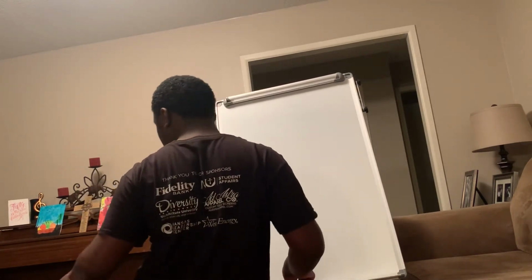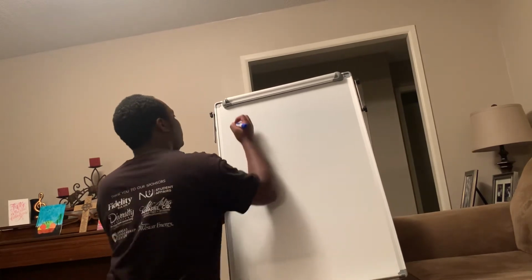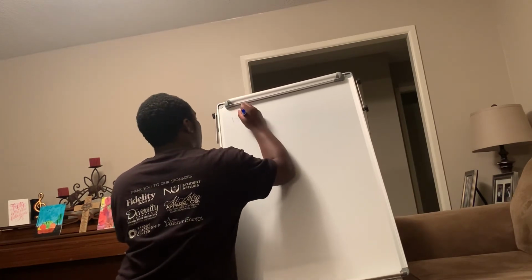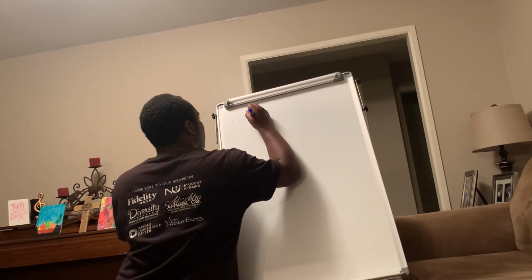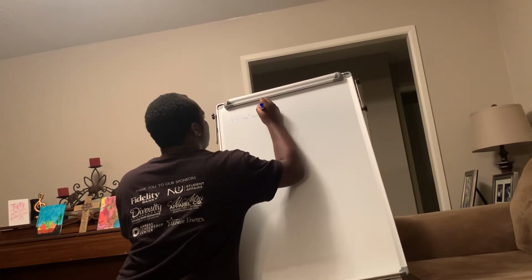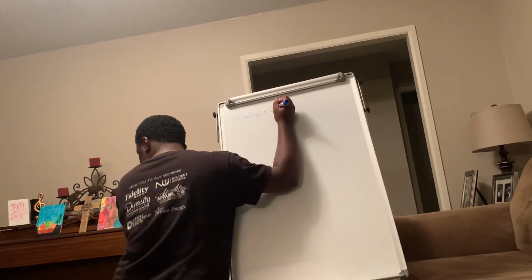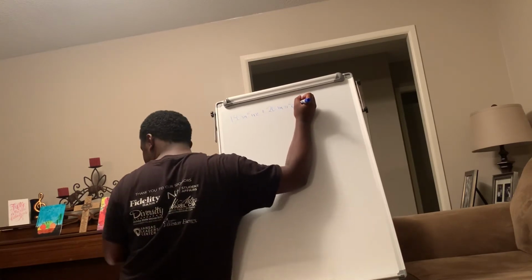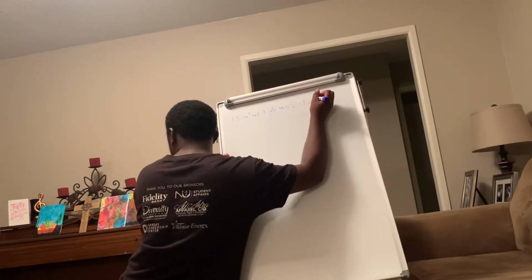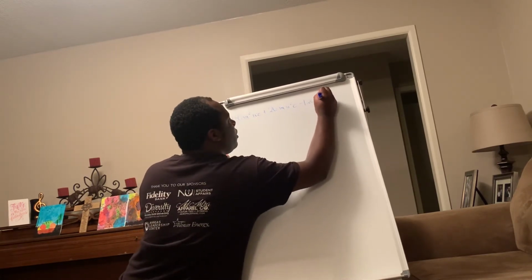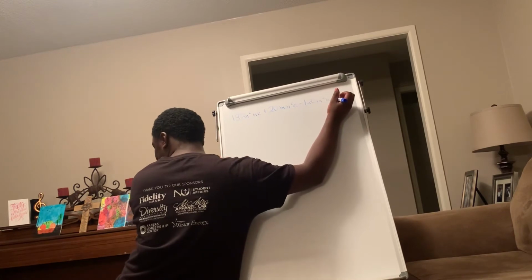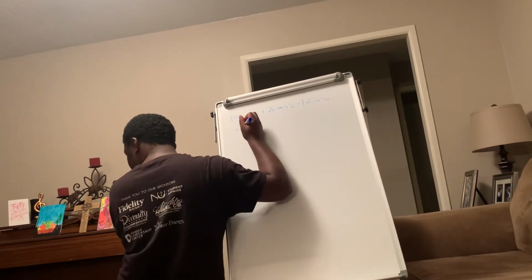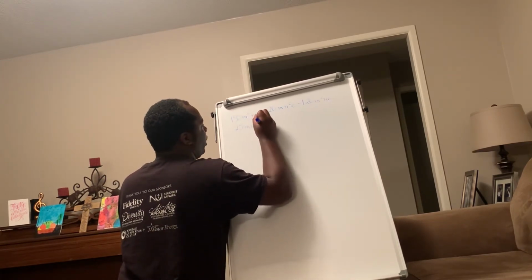Next one is 150m squared nz plus 20mn squared c minus 120m squared nc minus 25mn squared z.